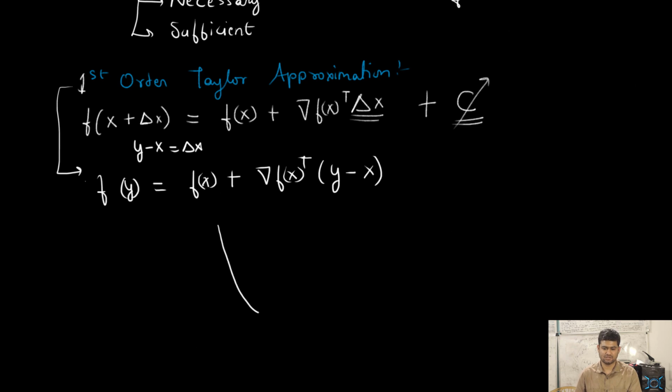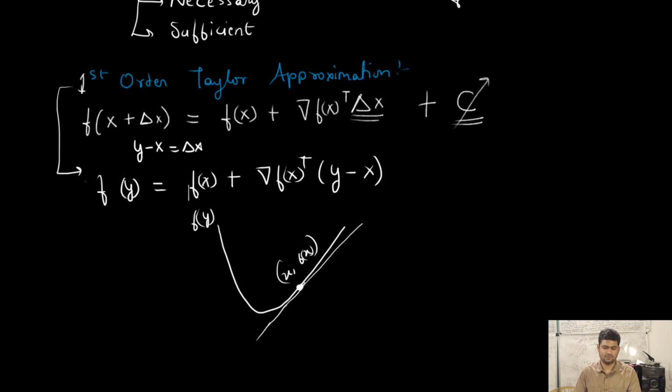So let's consider this is our function, this is f of y, and at any point x, if we take the gradient and linearize the function, that is, do a first order approximation of the function at point x, we get this tangent, which passes through x comma f of x.